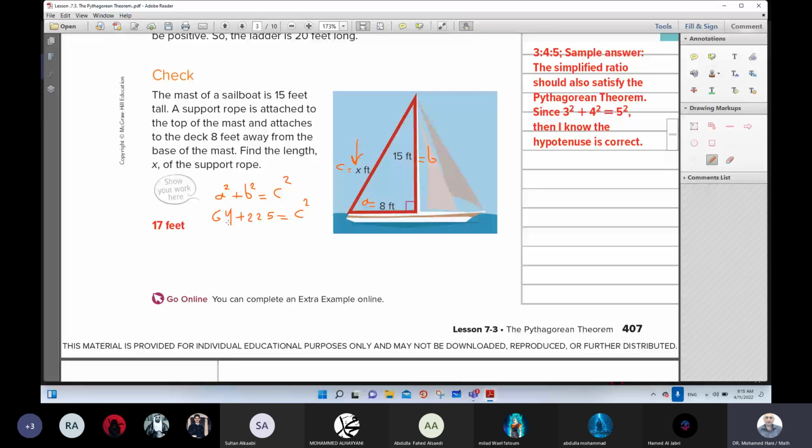You can add the two values here. 289 equals C squared. So C equals the square root of 289. We have two values, negative and positive 17.